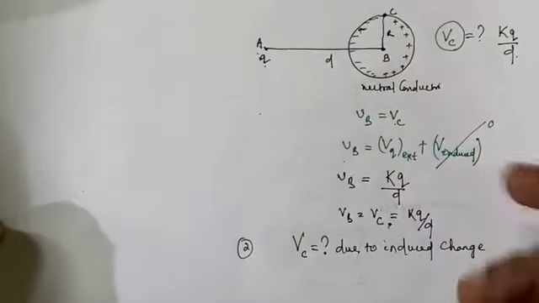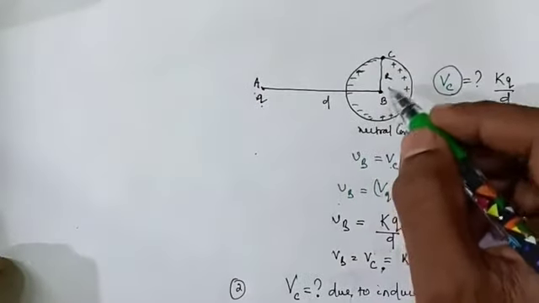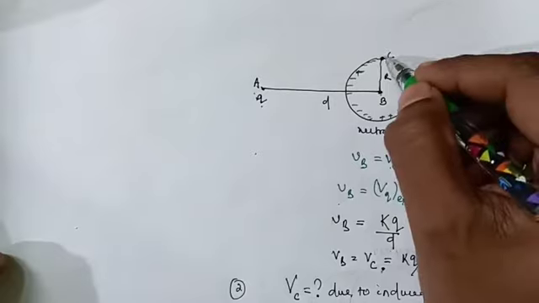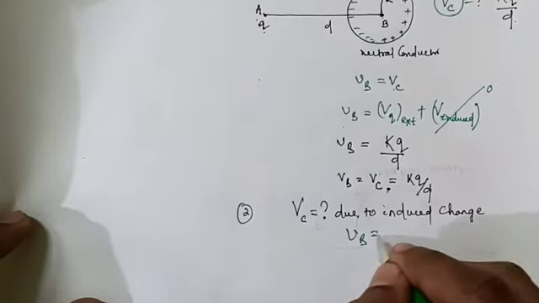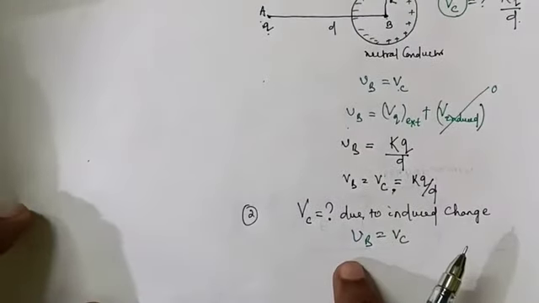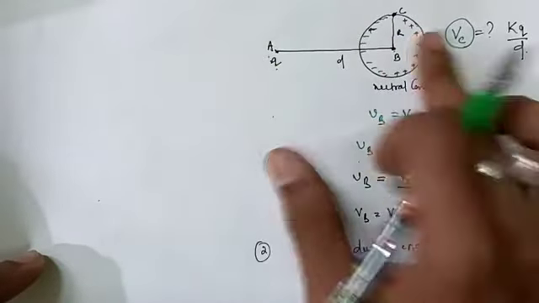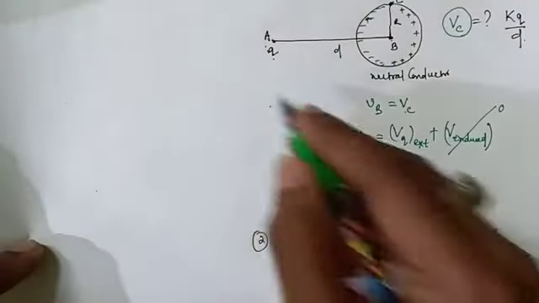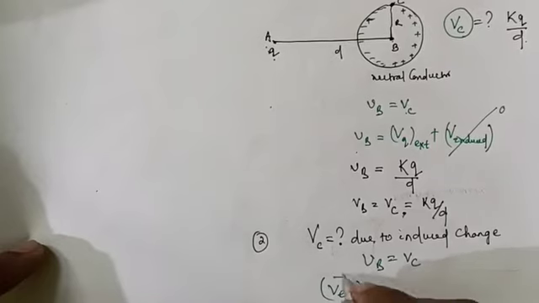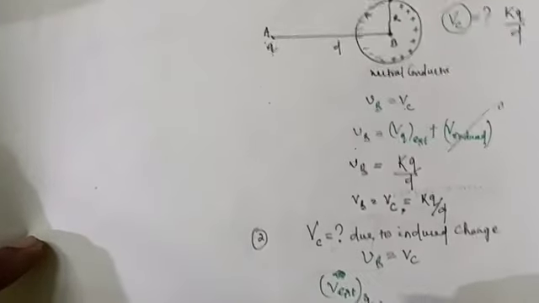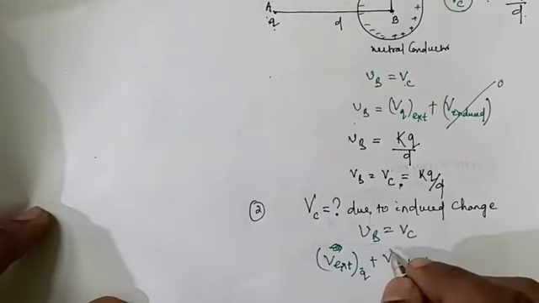Potential at C due to which charges? Induced charges. Let me recall the concept that potential at B equals potential at C because conductors behave like an equipotential surface. Potential at B is due to two charges: the external charge and the induced charges.